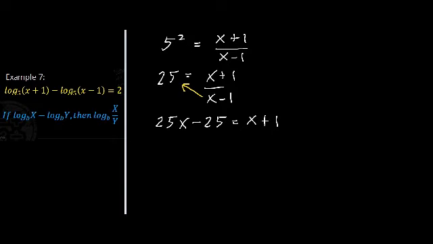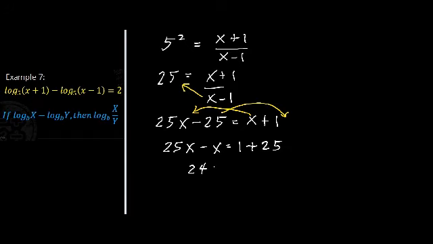So we will do the transposition now. So transpose natin si x and then transpose natin sa kabila si 25. So it will give us 25x minus x is equal to 1 plus 25. So that will be 25x minus x, so that is 24x is equal to 26, divided by 24, divided by 24.